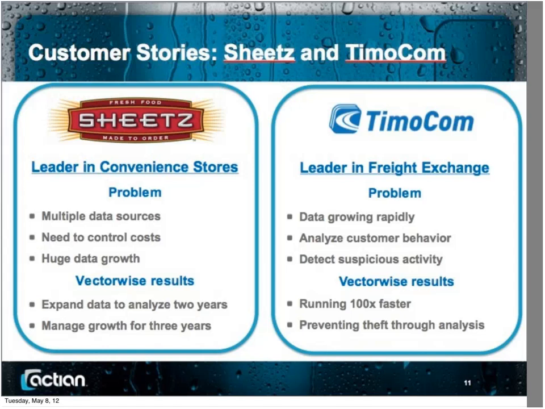On the right-hand side is a customer of ours in Europe, Timocom, who has a software as a service application for freight exchange. When the large overnight companies or shippers land an airplane in a large city in Europe, Timocom will address getting the freight from the airport to the local customers.